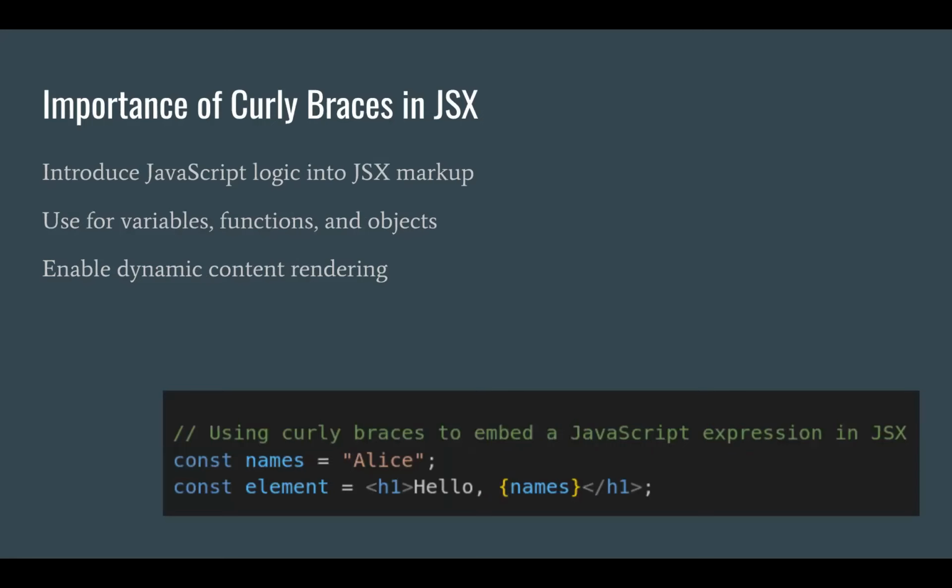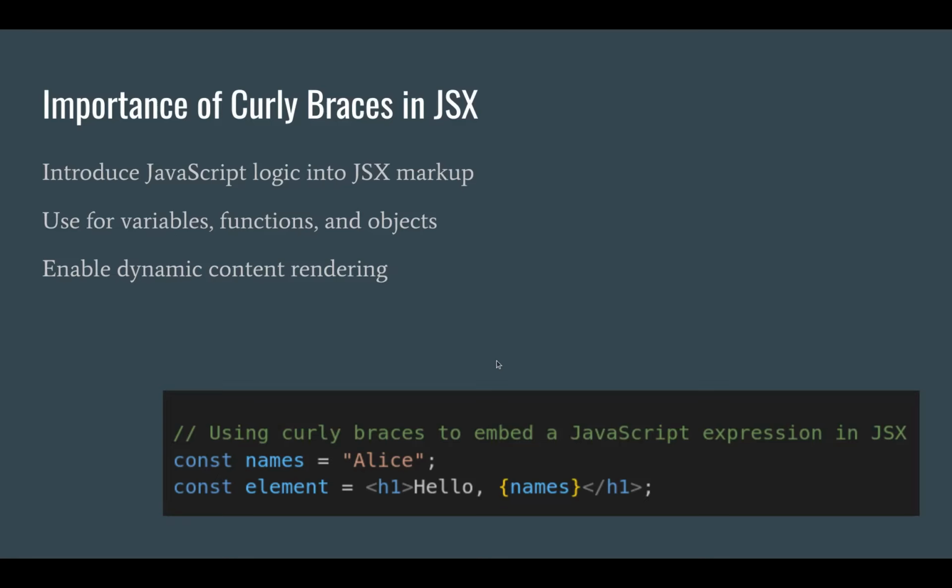Importance of curly braces in JSX. So it's an essential feature of JSX because these braces aren't just ordinary characters. They are your gateway to incorporating dynamic JavaScript within your static JSX markup. Whether it's a variable, a function, or an entire JavaScript object, curly braces make it all accessible right within your JSX.